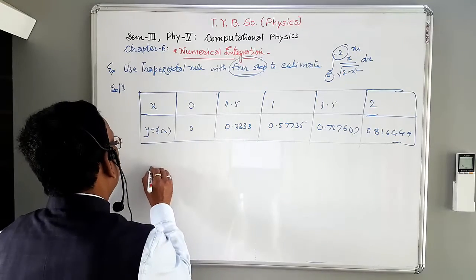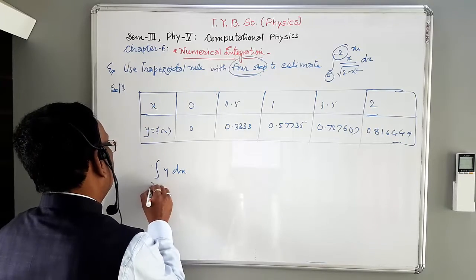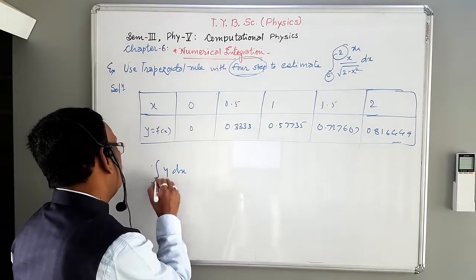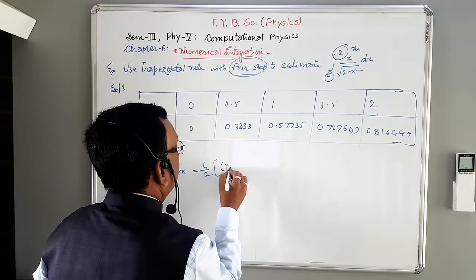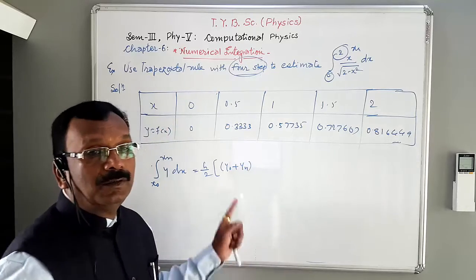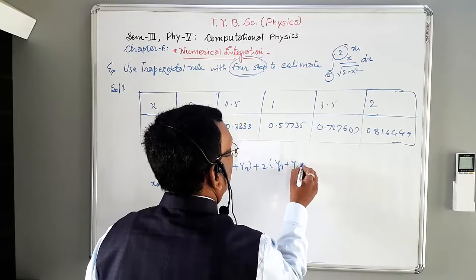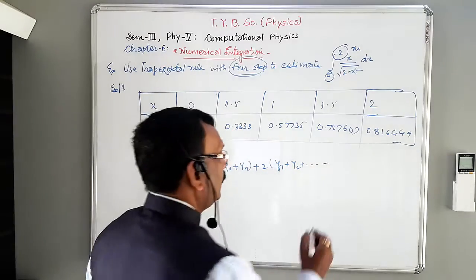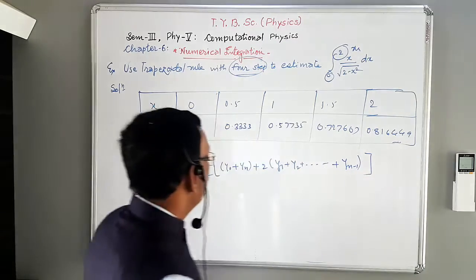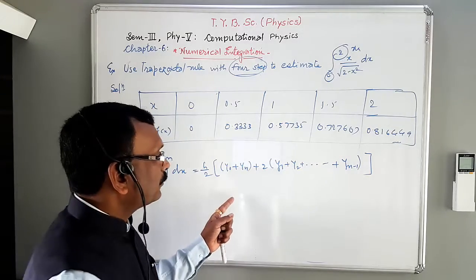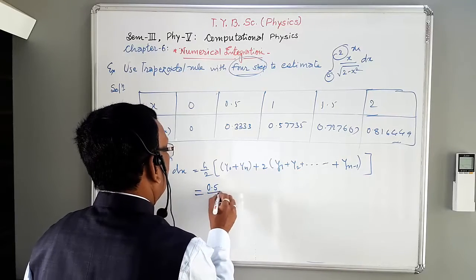The trapezoidal rule is simply, as we studied, the integral of y dx from x0 to xn is equal to h upon 2 in bracket y0 plus yn, plus 2 times y1, y2 up to yn minus 1. Good. Now, simply substitute the value of h as 0.5 upon 2.